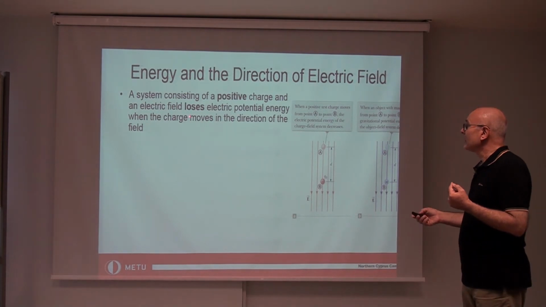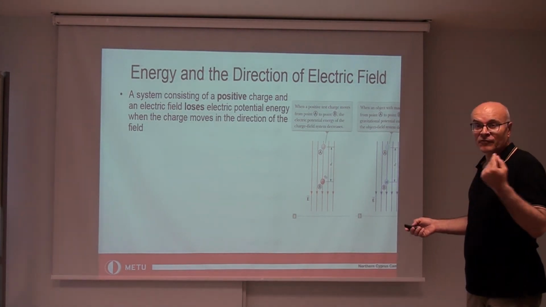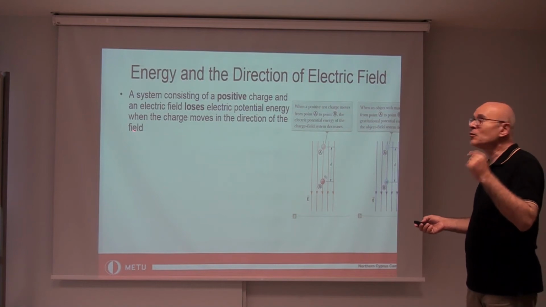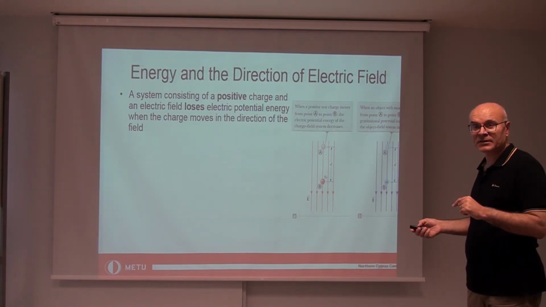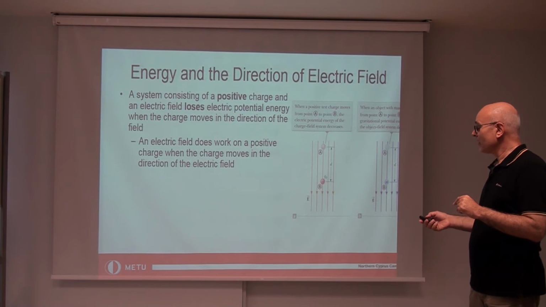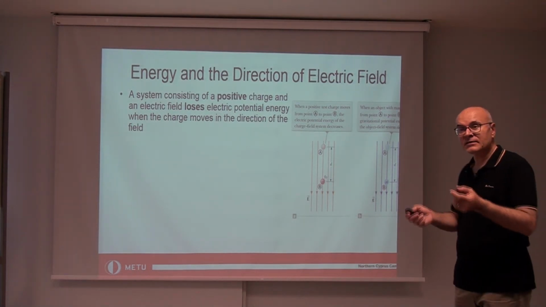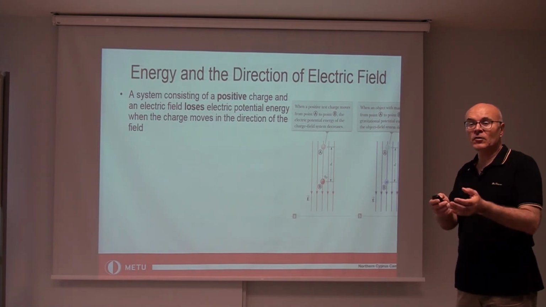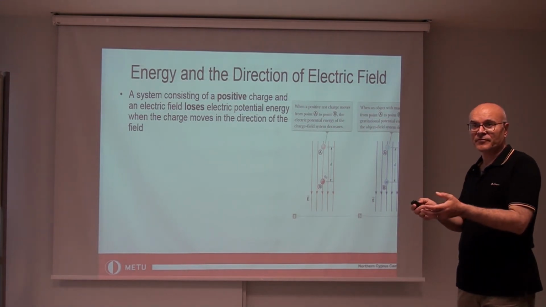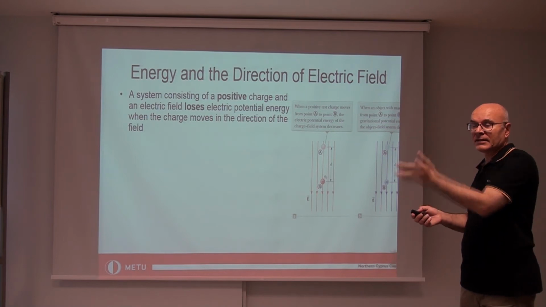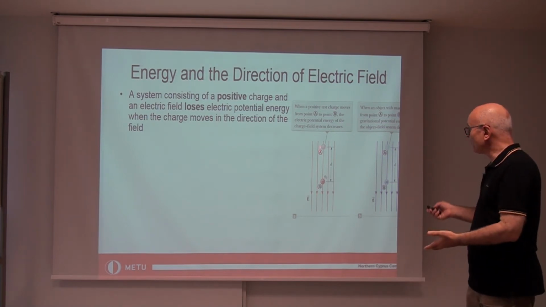Well, from what we have said, it loses electric potential energy. Why is this so? Because what is the potential energy? The potential energy is delta U equals Q naught delta V. Delta V is negative when you move along the field.